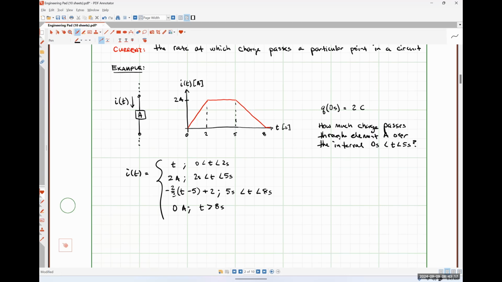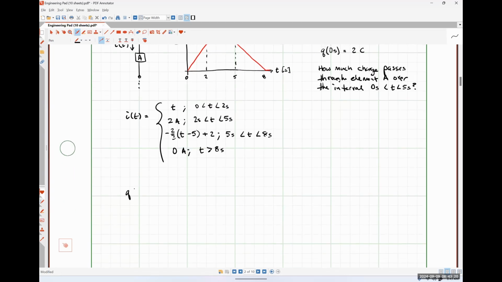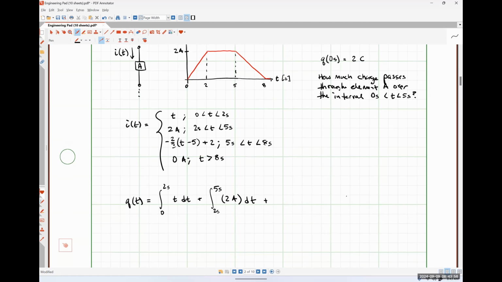Then we would effectively have our charge q of t would be the integral from 0 to 2 seconds of t dt plus the integral from 2 seconds to 5 seconds of 2 amps dt plus our charge at 0, which is the point in time where our charge was known.